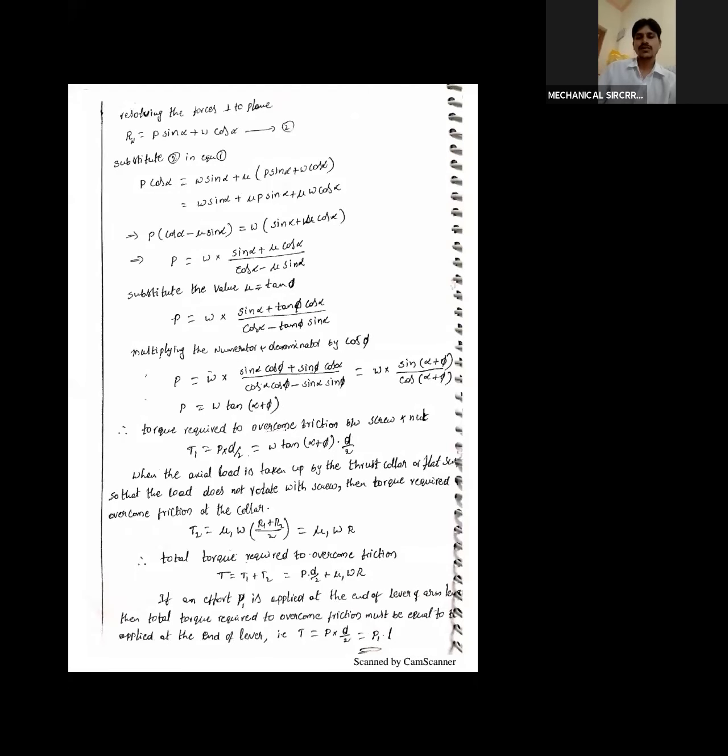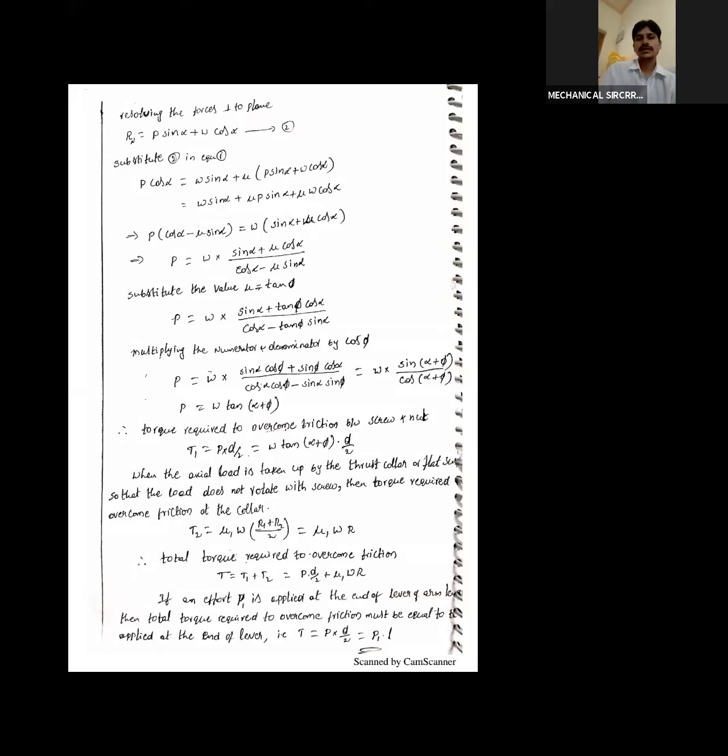Total torque required to overcome the friction is capital T equals T1 plus T2, that is P d by 2 plus mu1 W r. If we consider only the force required to lift the load, it equals W tan(alpha plus phi). Both values are there.